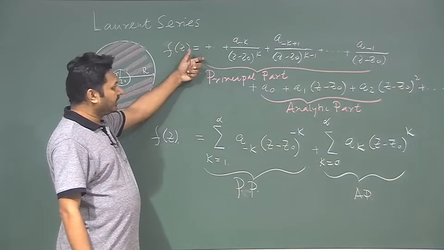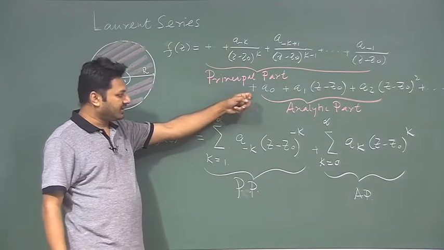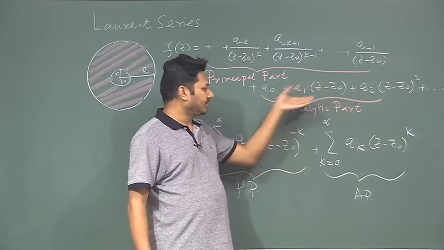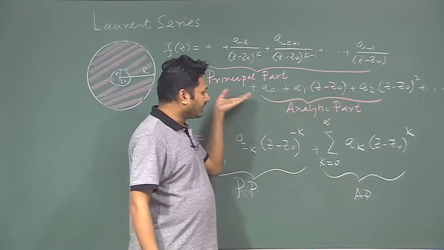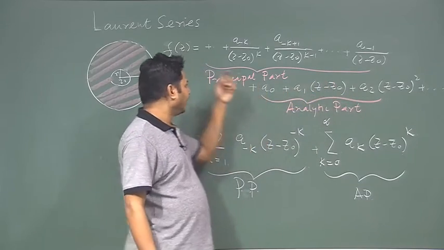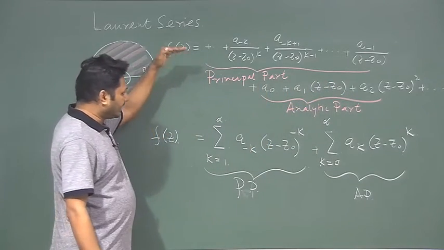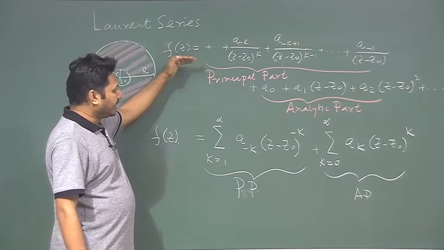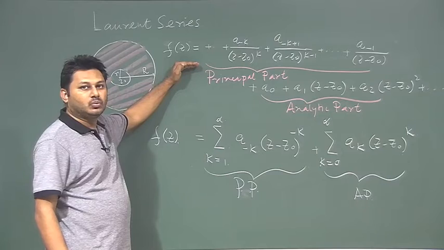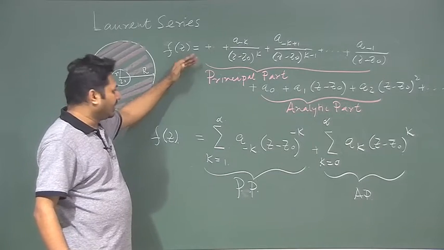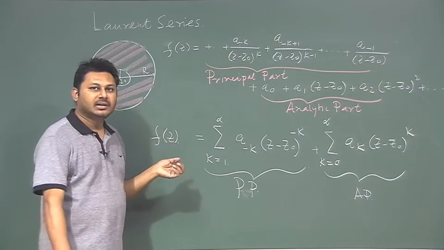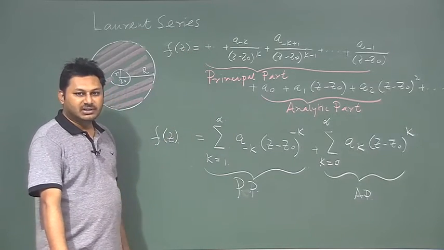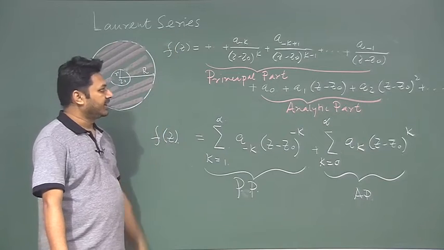This portion is analytic because at z equal to z0 this function does not have any singularity, but if I expand the function in this particular form, that means at z equal to z0 we have a singularity. This singularity we discussed in the last class, and again we will go back to that and try to look at it in the light of this Laurent series expansion.